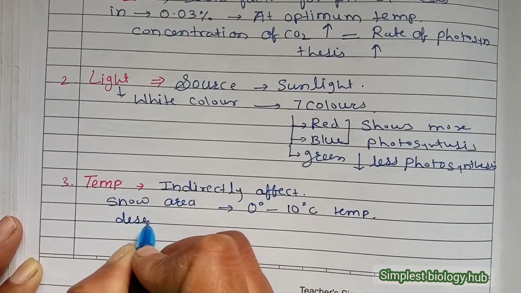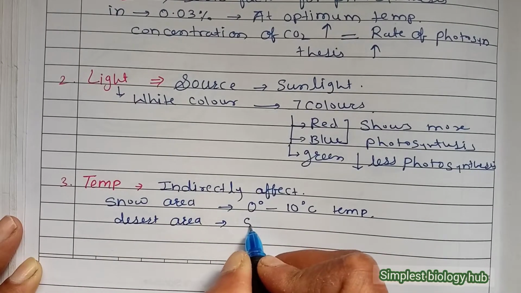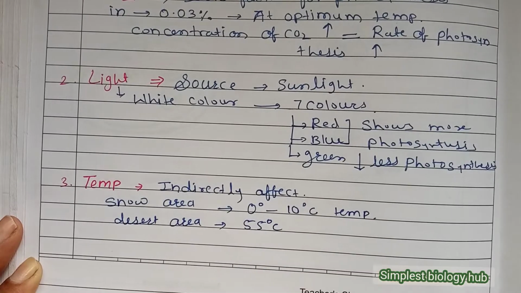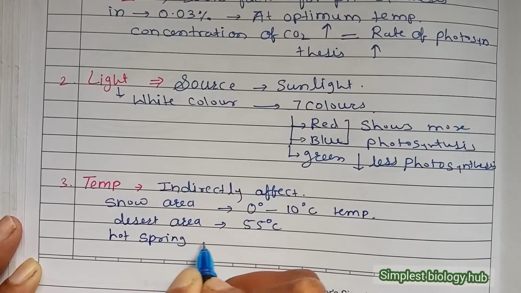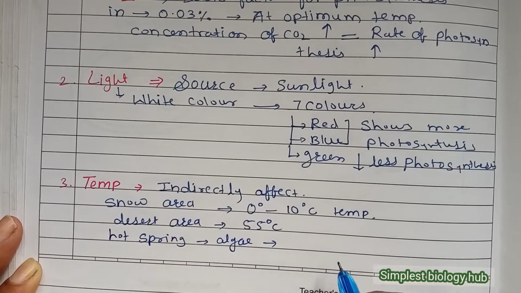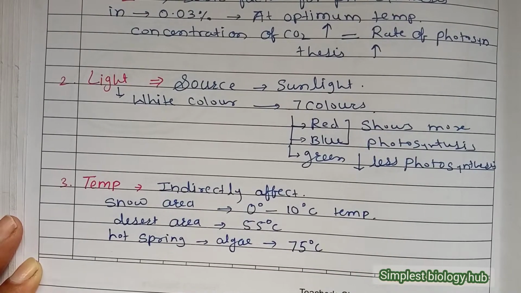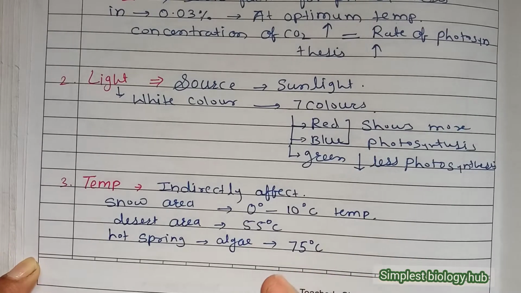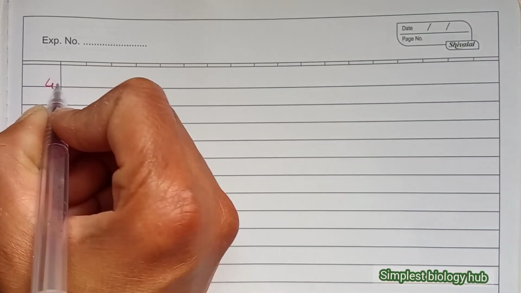In desert areas, it starts at around 55 degrees Celsius, and in hot springs there are some algae that have the capability to photosynthesize at a temperature of 75 degrees Celsius. It means in every area, due to the changeable environmental conditions, the rate of photosynthesis is different, and it depends on the temperature.